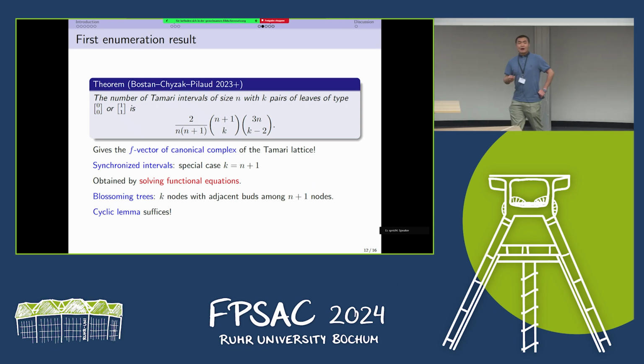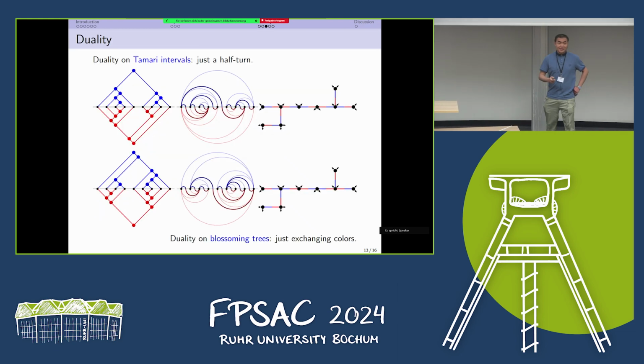And not only that, our bijection, because it's so simple, also goes well with the self-duality of Tamari lattices. So we recall that the duality acting on Tamari intervals would be just exchanging the larger and the smaller tree and flipping both of them left to right. But if we look at the canonical drawings, it simply means that we turn the canonical drawing 180 degrees, so upside down, and we exchange the colors.